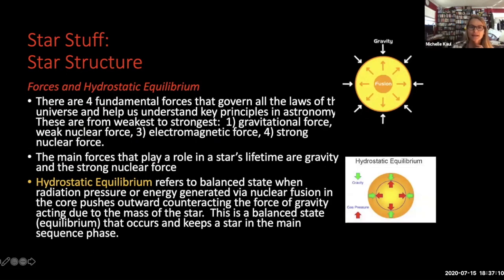Okay, so now this principle of hydrostatic equilibrium comes into play a lot, especially when we talk about star stability. Stars are stable when they're in the main sequence stage of their lifetime.